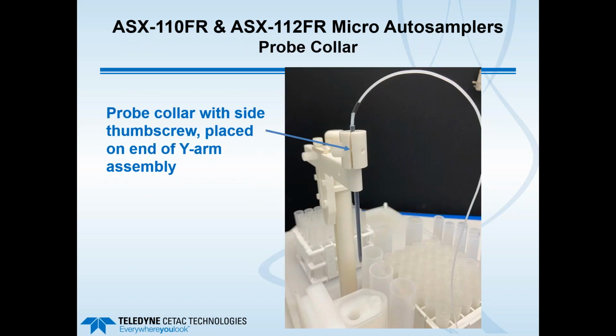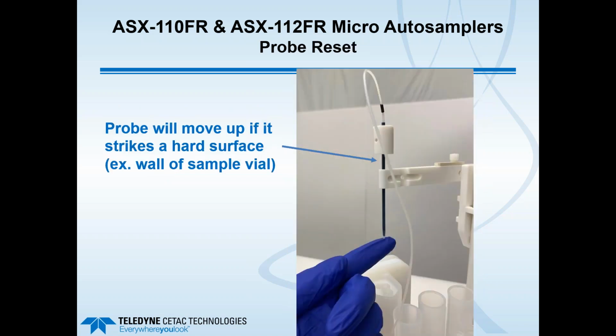Now, the sample probe itself is attached into what we call a probe collar, and that's secured with a side thumb screw. And that then, with the attached sample probe, is placed on the end of the Y-arm assembly. The reason this is done is to help prevent any potential damage to the probe.